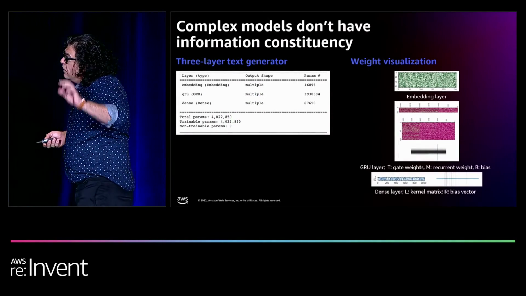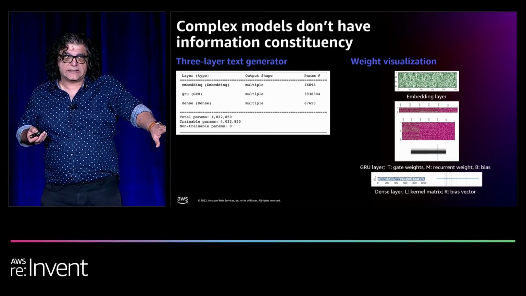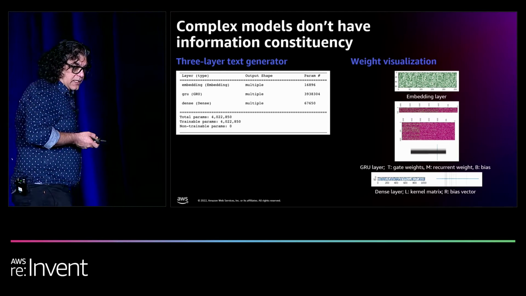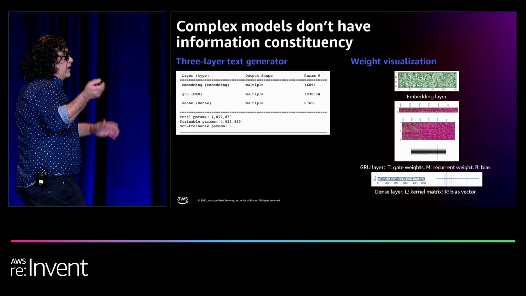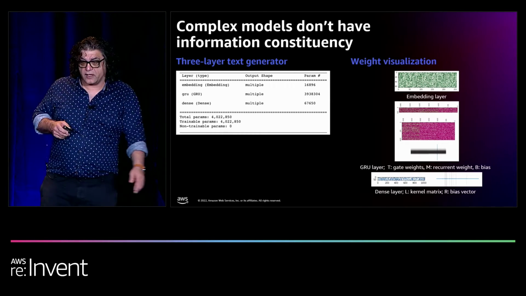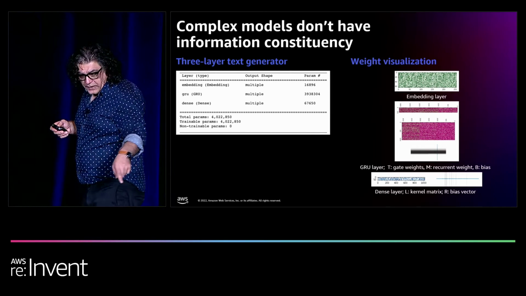When you look at it in here, on the left side, you see a text generator, a tiny little network, with 3 layers. It's got an embedding layer, it's got a gated recurrent unit layer, and it's got a decision layer based on a dense MLP.